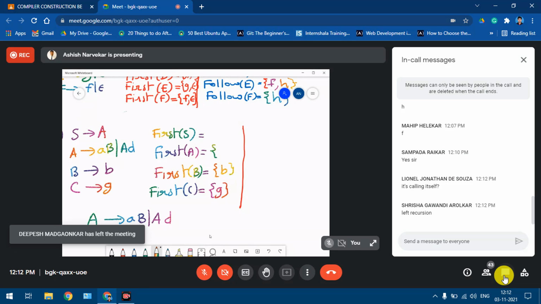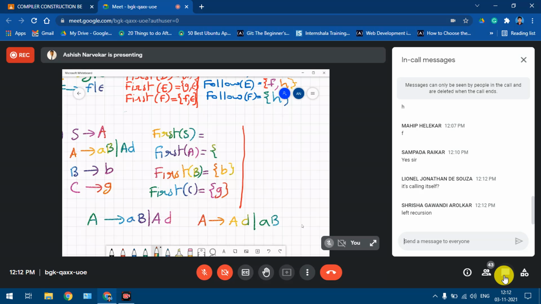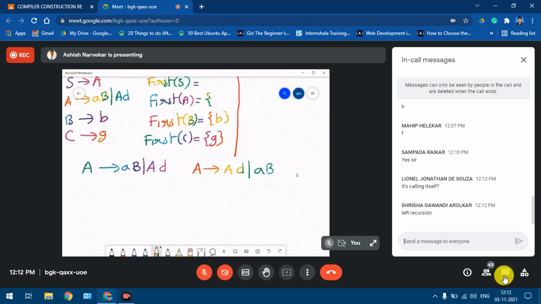It's calling itself, correct? So in this case, if I write it in the form the way we learned under the topic left recursion, and reorder this, what we have is A derives A D or A B. Okay. So now this is in the form of a left recursive production. In such cases, we need to be a bit careful, because we first need to eliminate the left recursion.